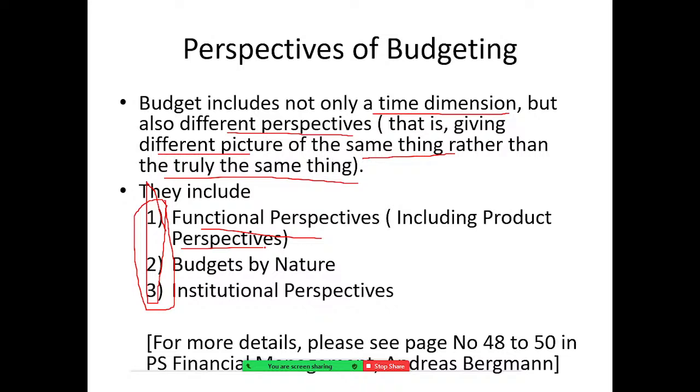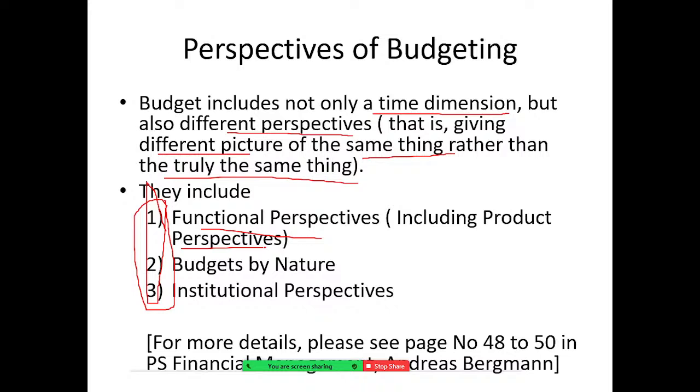So when we look at the budget, we can see how the government prioritizes, whether for education, defense, health, or investment sectors like agriculture. This is the functional perspective. Government organizations have different functions. So that is one perspective.